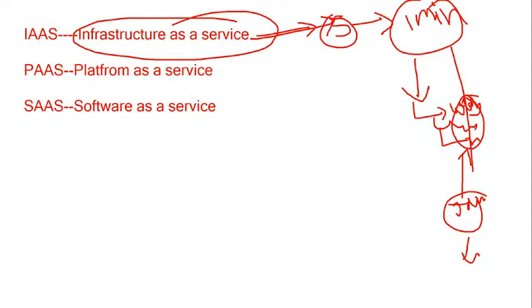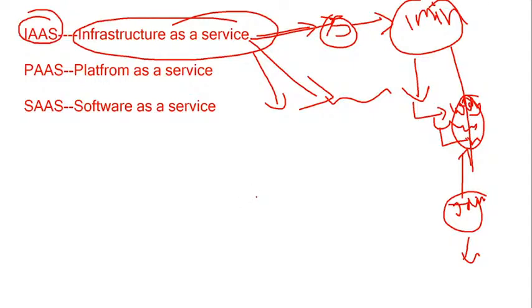That is Infrastructure as a Service. For example, if after 1 year your business is not good, you can destroy it at that moment and just pay for whatever you have consumed.